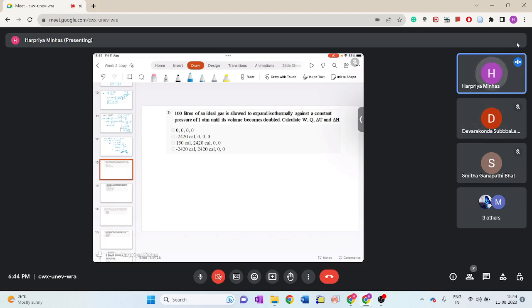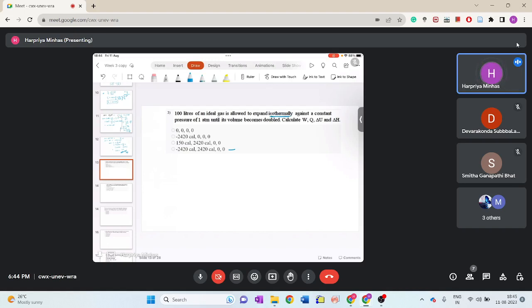Is there anyone else who wants to explain this question? Okay, so this is not an adiabatic process, this is an isothermal process.